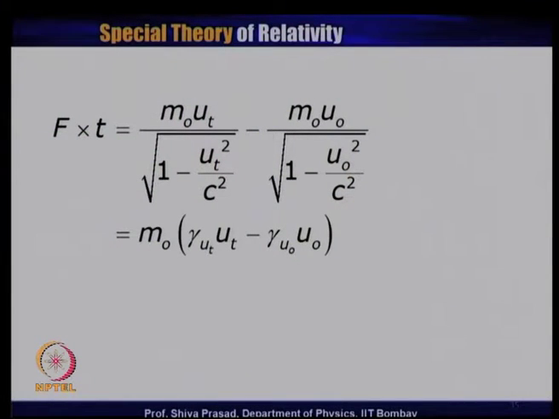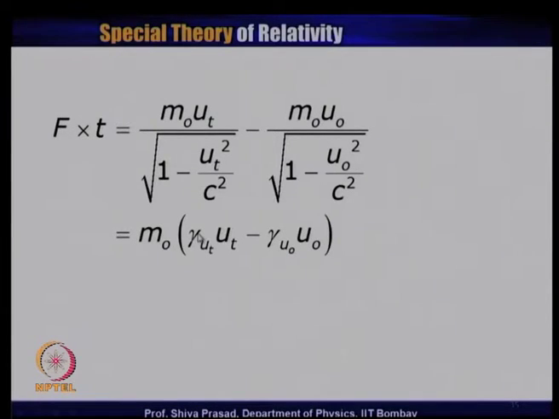So this is my equation. Force multiplied by time is equal to m naught ut divided by under root 1 minus ut square by c square, minus m naught u naught divided by under root 1 minus u naught square by c square. The quantity 1 divided by under root 1 minus ut square by c square I am writing as gamma ut, because there are two speeds, one after time t, one at time t equal to 0.